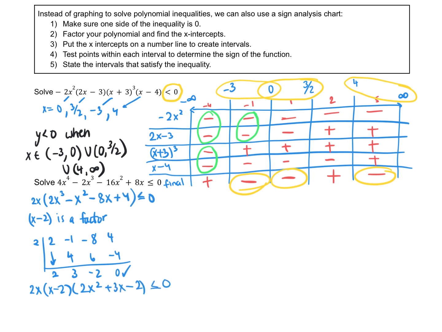And then I'll just do a quick crisscross or whatever factoring method you want to do. And I will get 2x minus 1 and x plus 2. So our zeros are 0, 2, 1/2, and -2. That's what I'm going to put in my number line.